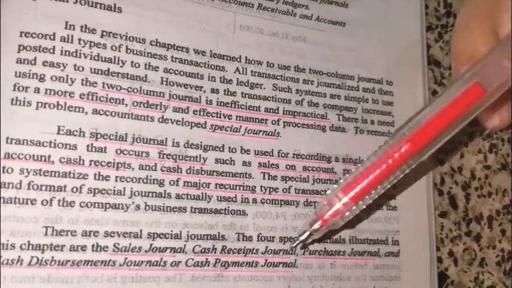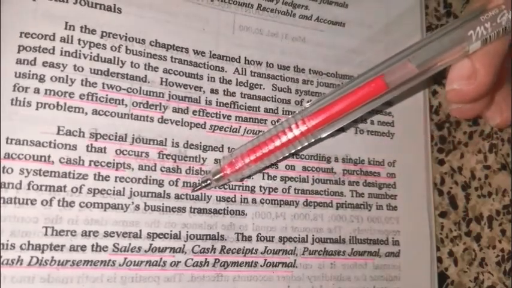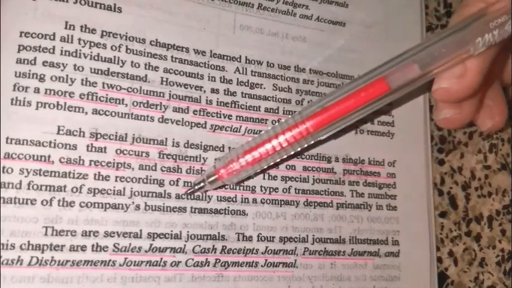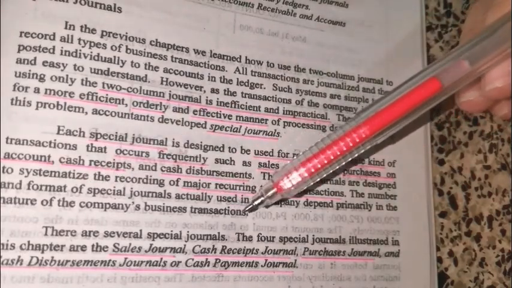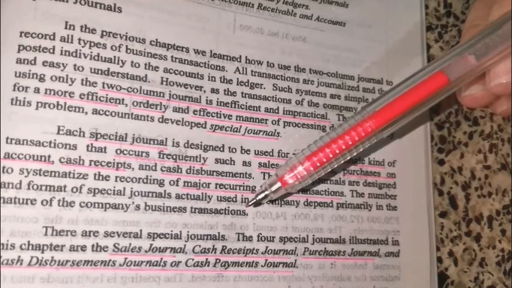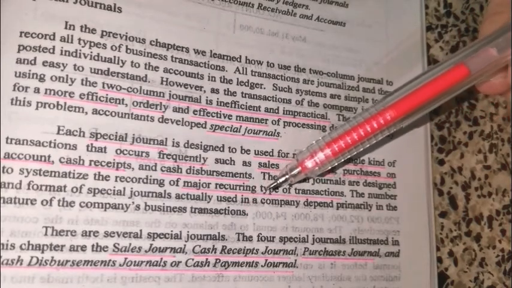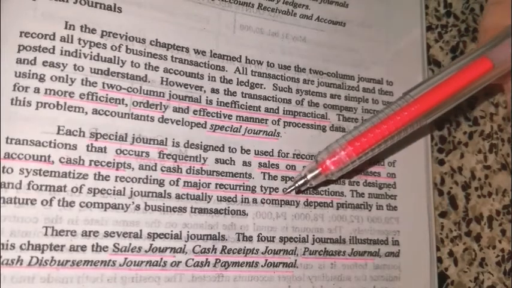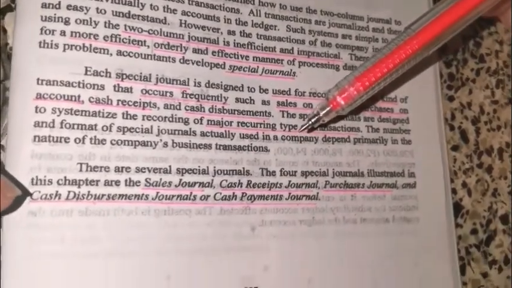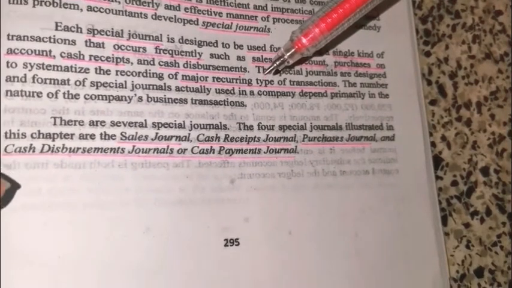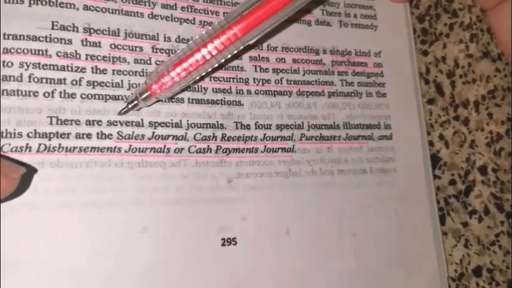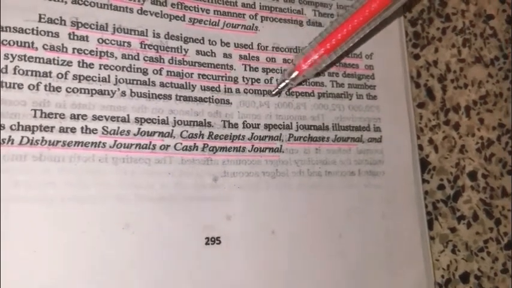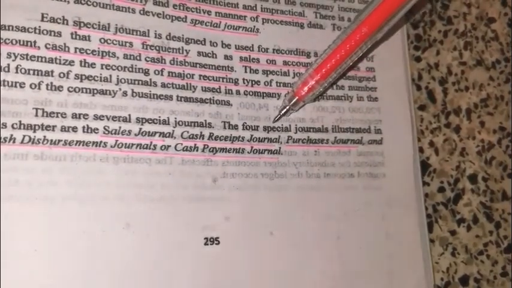Okay? So the number and format of special journals actually used in a company depend primarily in the nature of the company's business transactions. So it depends pa rin sa mga company kung ano yung gagamitin nilang special journals. But here, for this topic, we are going to discuss several special journals. And there are four of them.